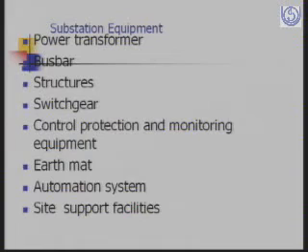These are the major equipment used in a substation of 33 by 11 kV or 66 by 11 kV, which is the sub-transmission level, from where our power distribution system starts.